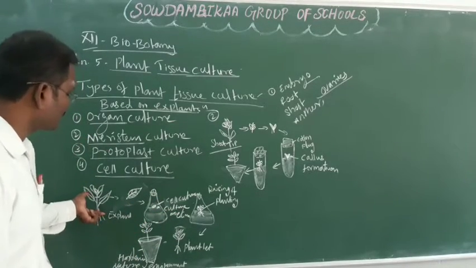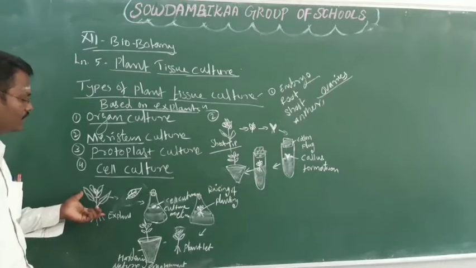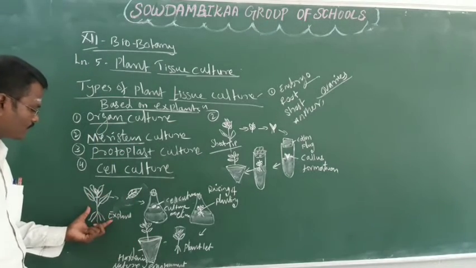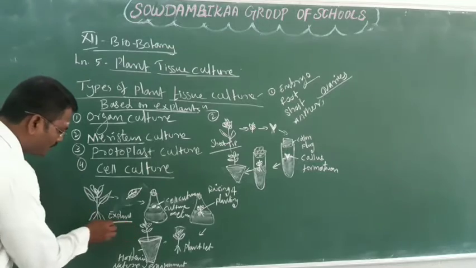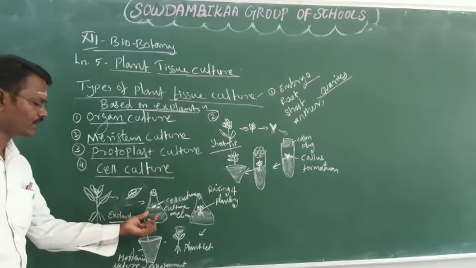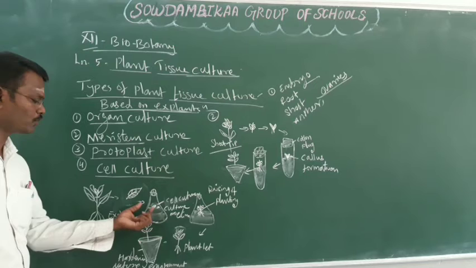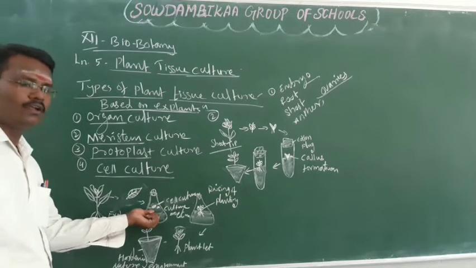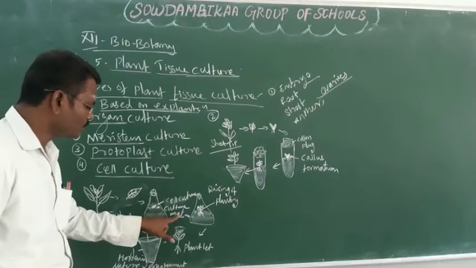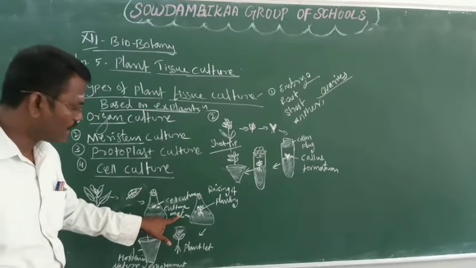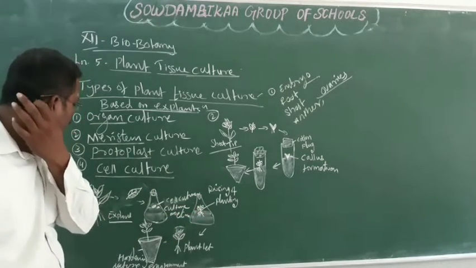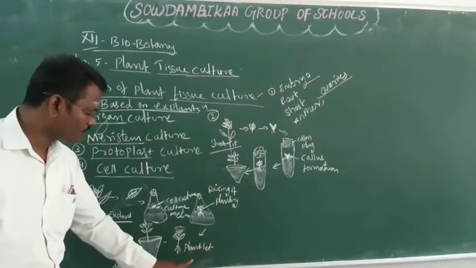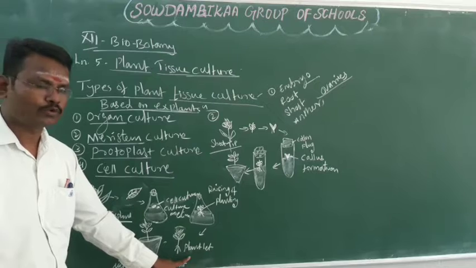We can understand organ culture diagrammatically. In organ culture, first we take the explant, for example a leaf, and get the cell tissues from the leaf, then sterilization. After this, inoculate the culture medium, then callus formation, and from the callus a plantlet can be produced.